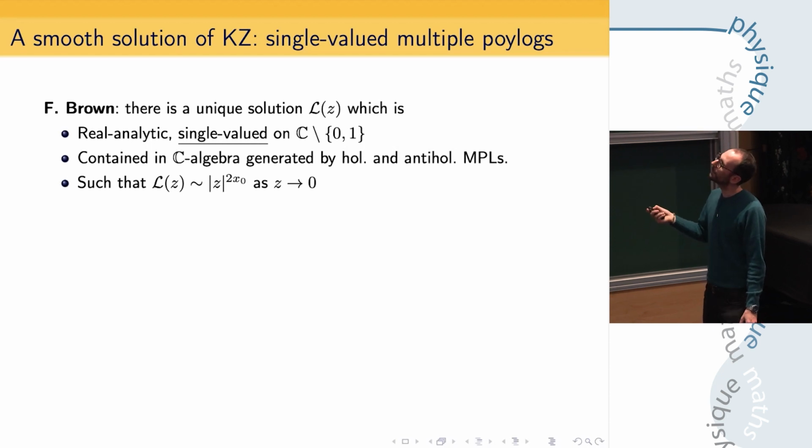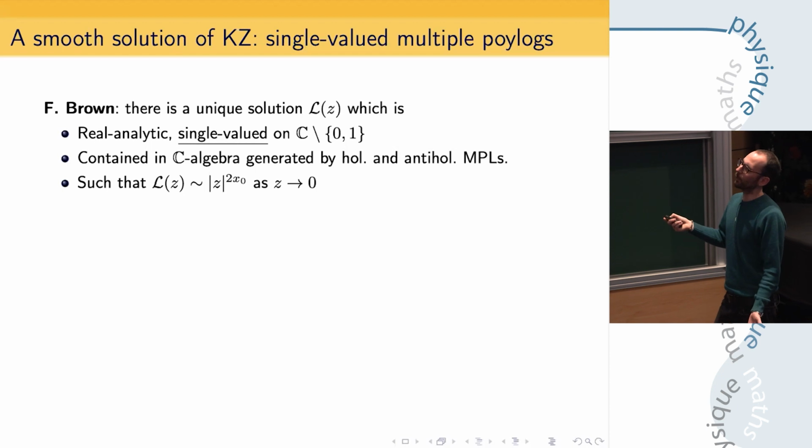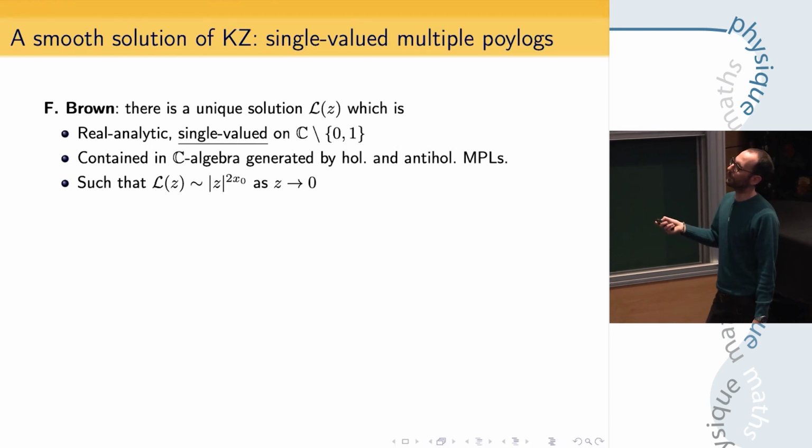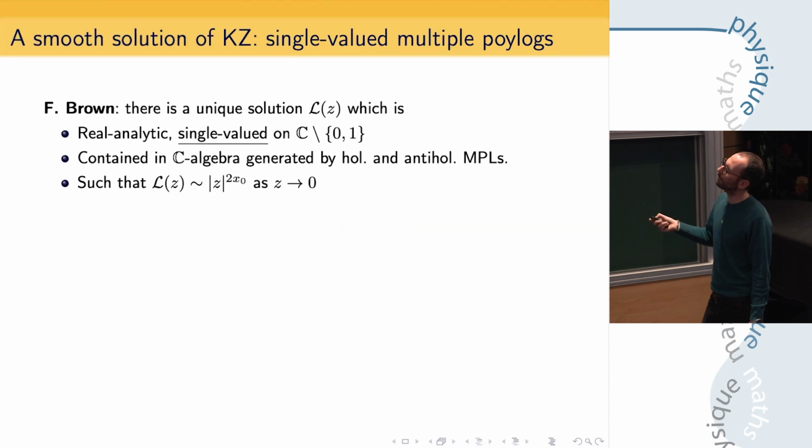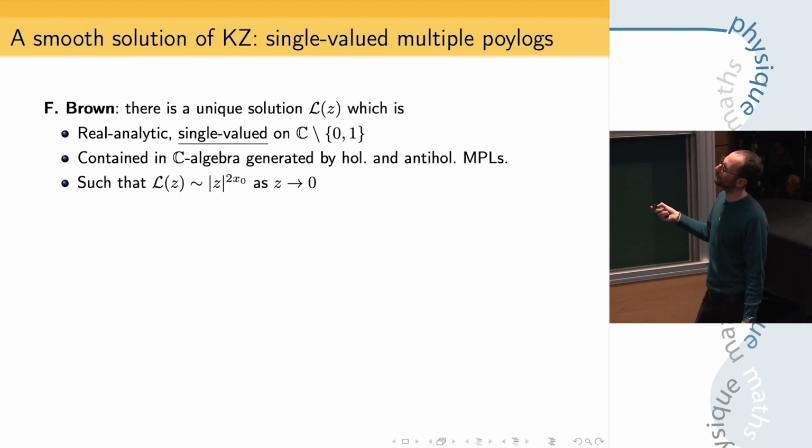And then you need to add something more if you want a unique solution. So again, you need some kind of condition at 0. And also, I think it's necessary to have this kind of condition. So if you want a unique solution, you want the solution to be in the C algebra generated by holomorphic and anti-holomorphic multiple polylogarithms.